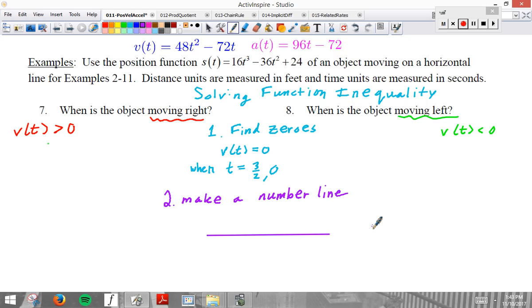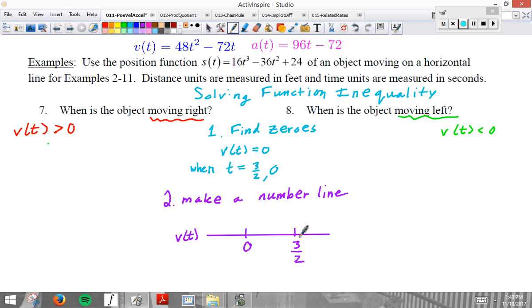So it's real simple. We make a line. Pretty good line. Pretty proud of that. V of t, we label it so everyone's clear on what function we're doing. We put the two zeros on this number line in order.